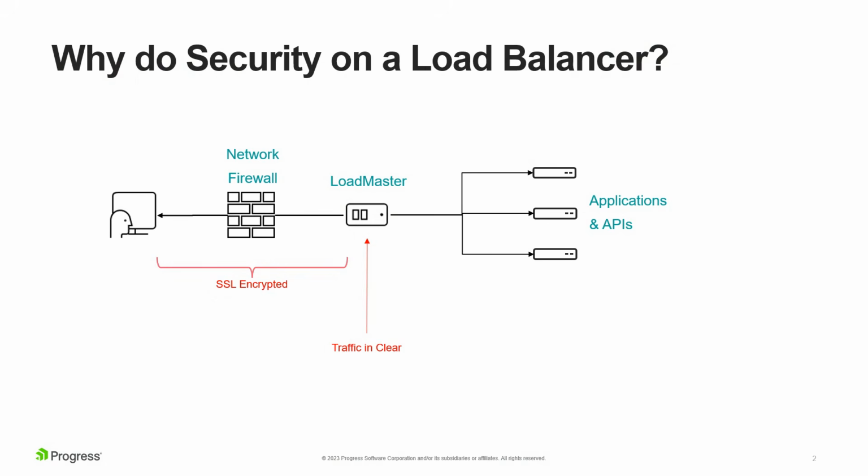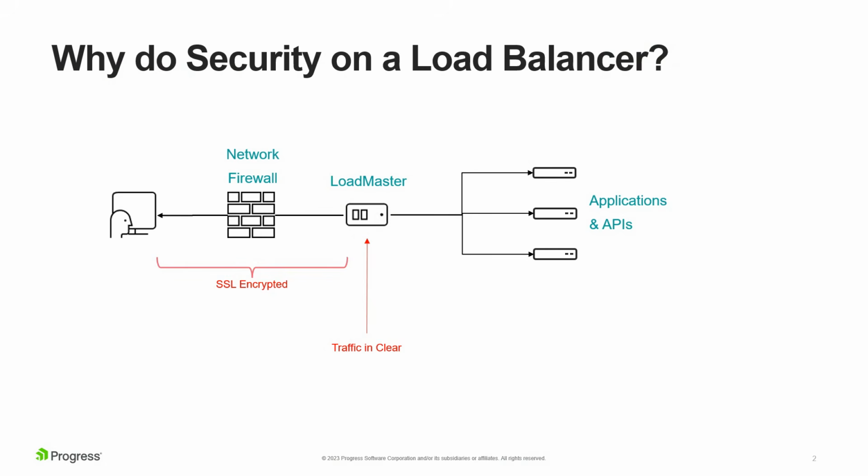So given that privileged position that we have in the network, LoadMaster has the capability to enhance the security. It isn't going to solve all security problems. We still need to be doing all the other things around this as well.